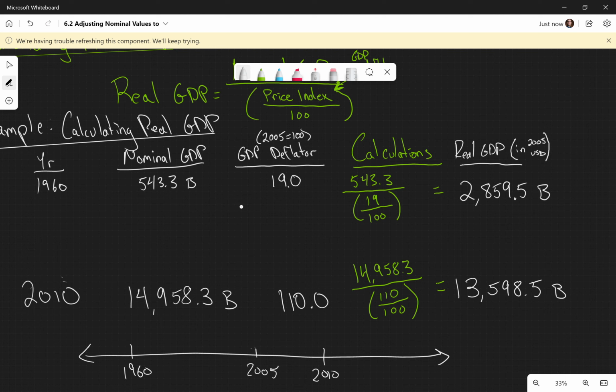So the first one we had, we brought this forward. So we would expect it to be larger. Now we're bringing it backwards, so we would expect it to be smaller. So this is just a general kind of rule to check yourself to make sure that you're doing it right, that you're not multiplying when you should be dividing.